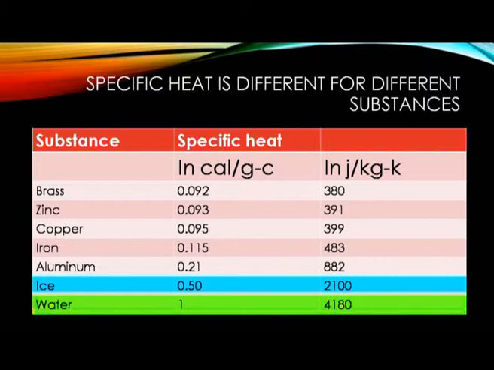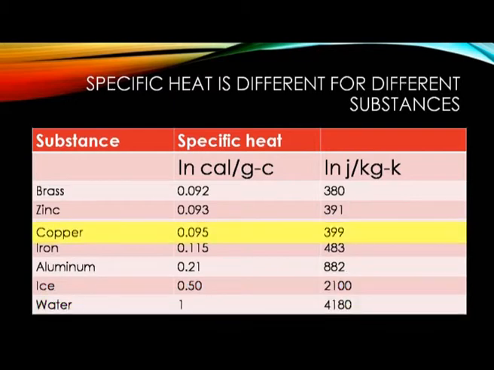Low specific heat substances means they absorb less amount of heat for temperature rise. In the academic standard, 4th academic standard information skills, they will give you a table like this and they will ask you like that. What is the relation between the temperature rise and the specific heat values?